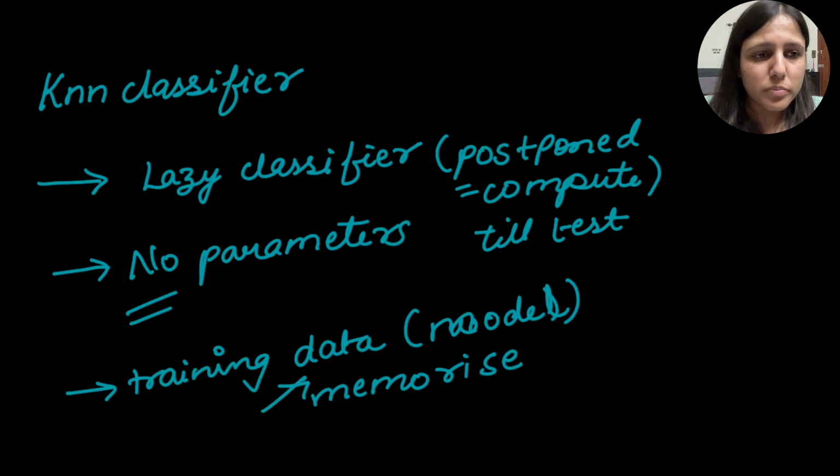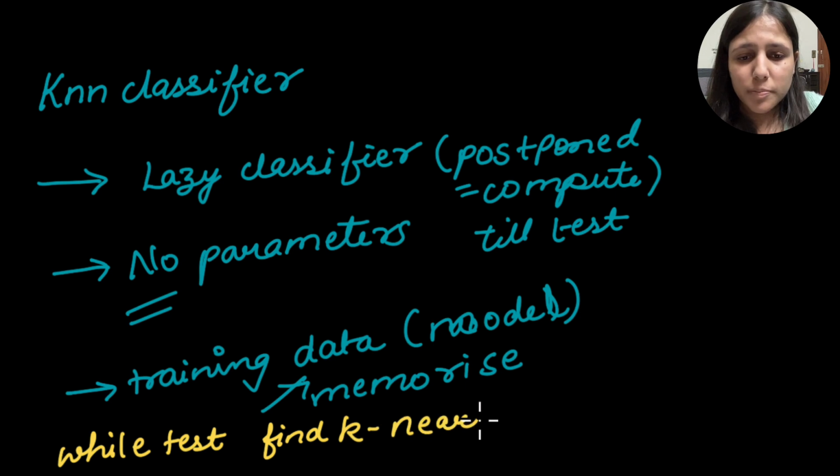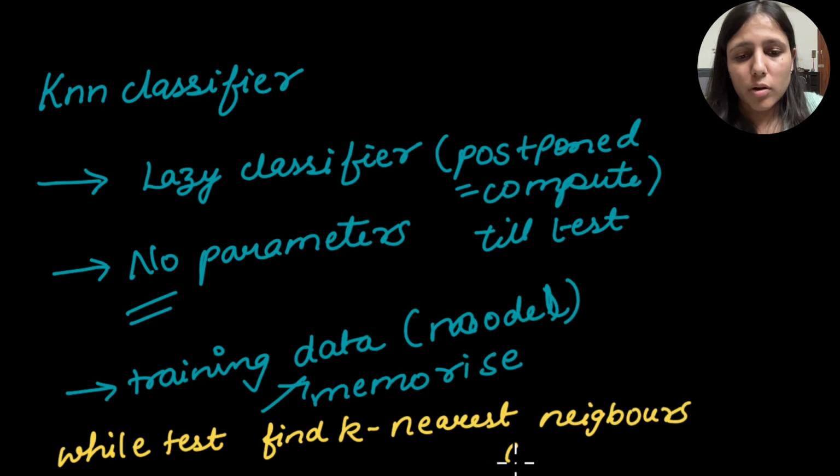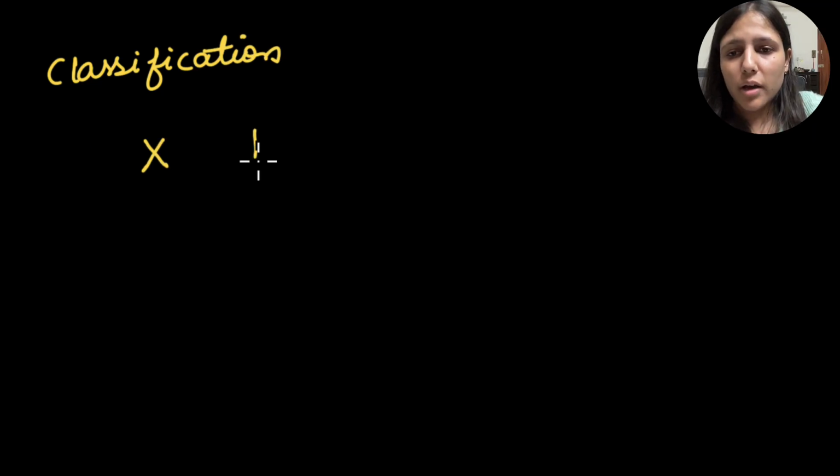At test time, while testing, find K-nearest neighbours of the test point and label it. Okay, so what I mean is, suppose you are doing a classification problem. Suppose that you have these data points.